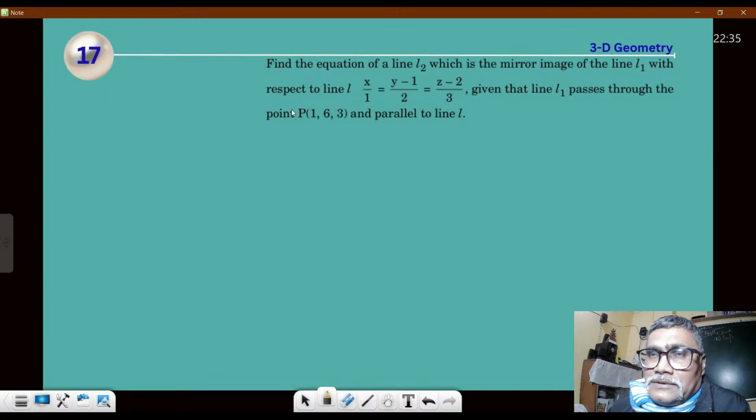Okay, next, coming on to this problem. Let's see what is there. Find the equation of a line L2 which is the mirror image of the line L1 with respect to this line, given that L1 passes through the point P(1, 6, 3) and is parallel to the line L. This is a very good problem because this kind of problems are not there in the textbook.